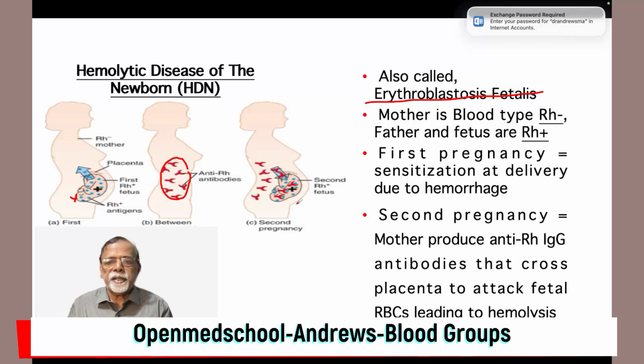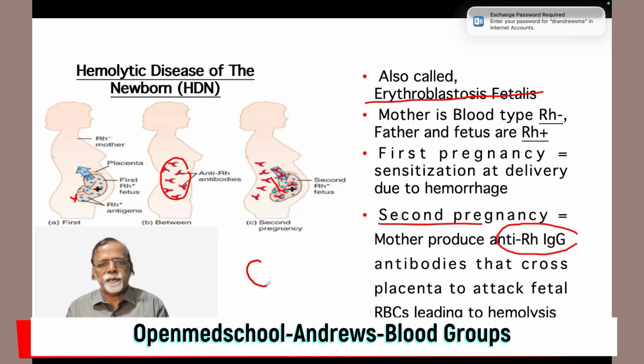But in the second pregnancy, the mother has already produced anti-RH antibodies or immunoglobulins. These will cross the placenta and reach the fetus.